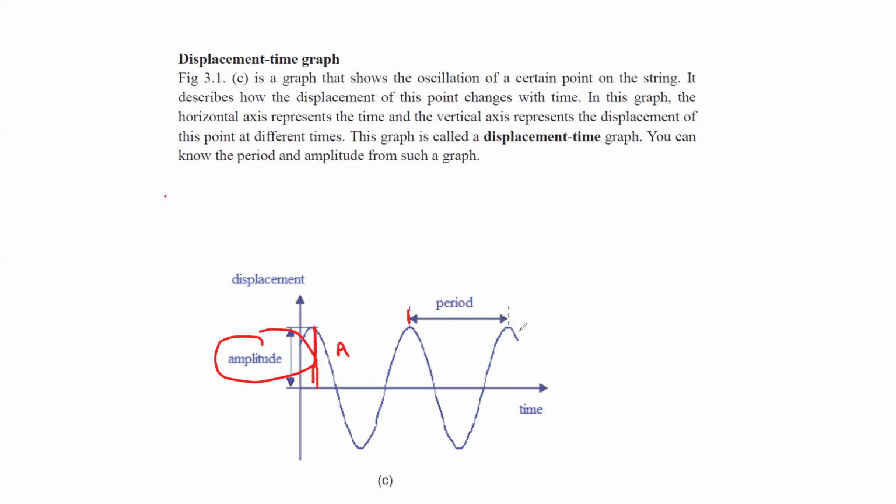The distance between two successive crests, or two successive troughs, if it's a time axis, is called the period of the wave, or the time period.